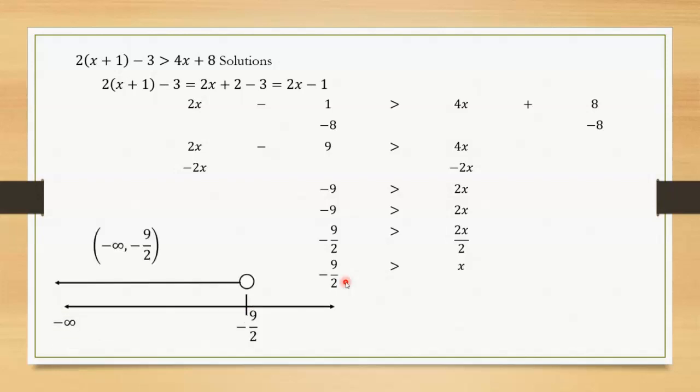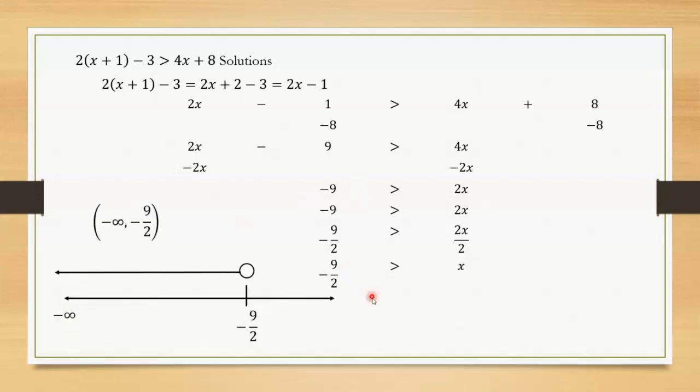As our solution set, then, we have this. We want x less than negative 9 over 2. That's what this is saying. X is smaller than, so we have this as our solution set. The minus infinity means you keep going to the left. That's also why when we graph it, we have this.